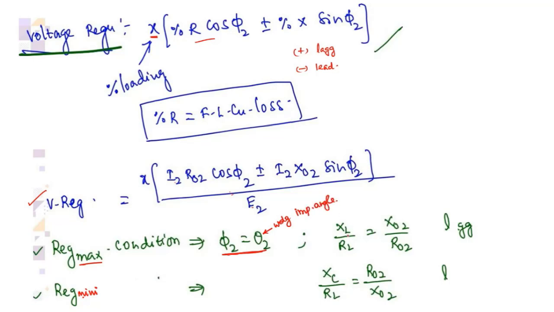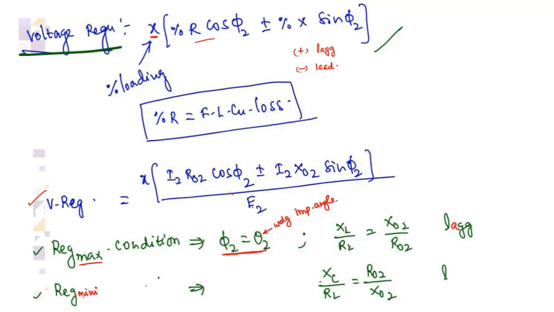So XL by RL is equal to X02 divided by R02. This happens generally at lagging load and minimum regulation, which is nothing but zero regulation, and it happens at exactly 90 plus theta 2 equals phi 2.